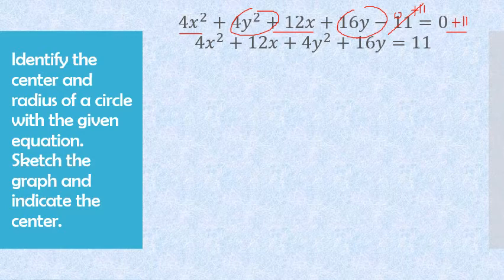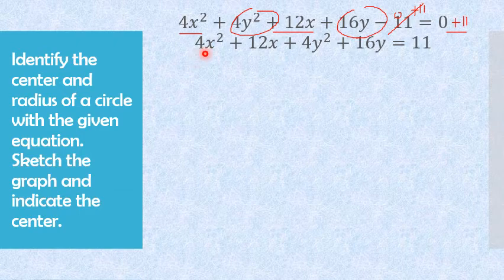We know that the general equation of a circle needs to have a coefficient of 1. Same on the x value, yung sa nasa 4x squared niya, dapat wala yung 4 dyan. So, kailangan natin magkaroon ng coefficient na 1 dito. Paano natin gagawin yun? A number divided by itself will give you 1.